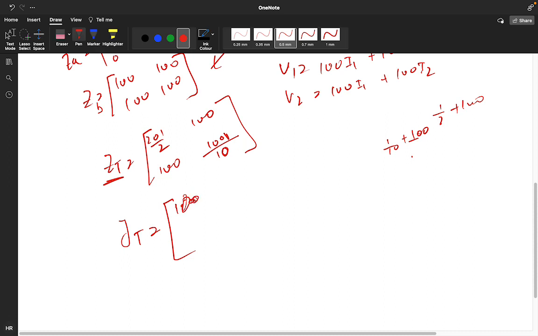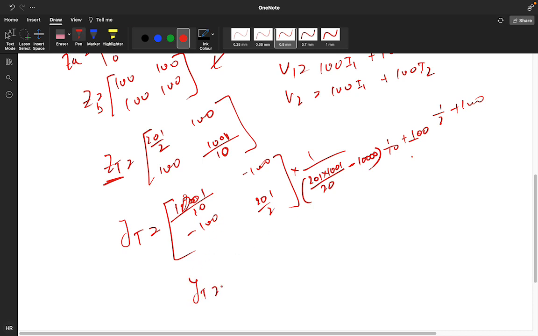The determinant is 201 by 2 into 1001 by 10 minus 100 into 100. So determinant value is 201 into 1001 by 20 minus 1000. Like this you will get the value of Y total.